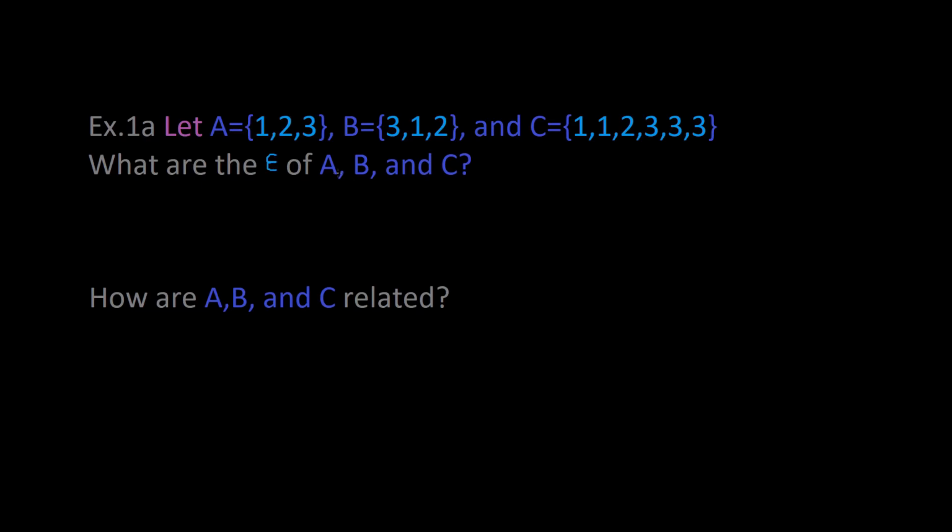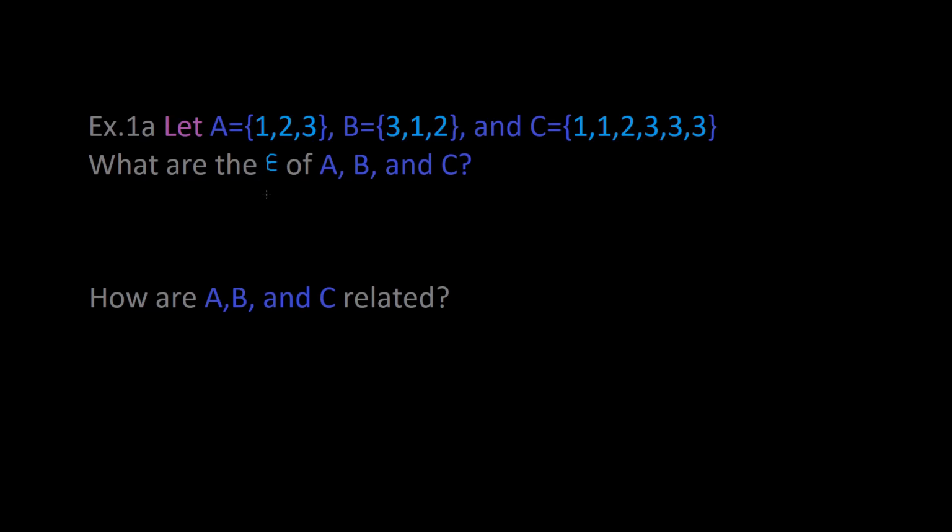This is not that easy if you've never done this before. So the question's asking, what are the elements of A, B, and C? And so I'm going to give you guys about 15 seconds to think about what you think the elements are. And remember, I color coded it, so it won't be that hard.